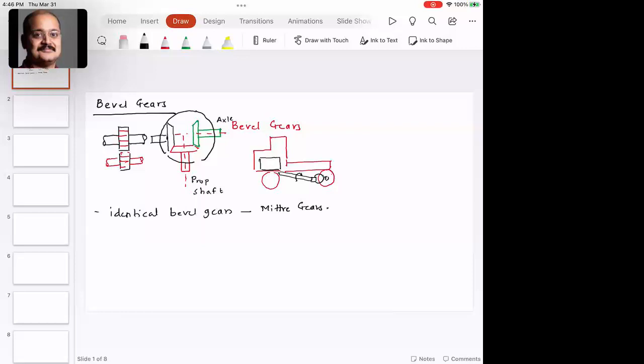So what I'm going to do is, I'm going to start with the nomenclature for the bevel gear. So what are the principal elements of the bevel gear design? So bevel gear looks something like this. So there is a driving gear, then there is a driven gear, and there are variations in the bevel gear. I'm just going to show you one possible configuration.